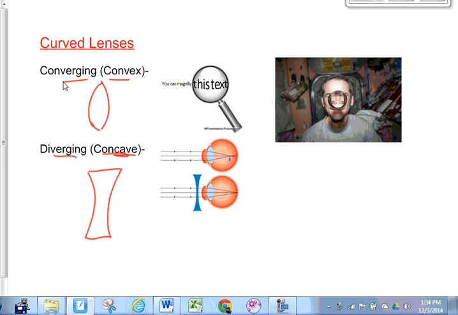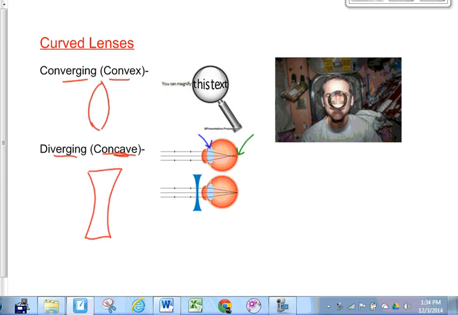This is your eye, or this is at least my eye, or a representation of my eye. There's the lens of my eye. I don't know a lot about the eye. If you take biology, you would know way more about the parts of the eye than I do. All I know is that that's the lens of my eye. This is the retina. And I know that the rays of light are supposed to focus on my retina.